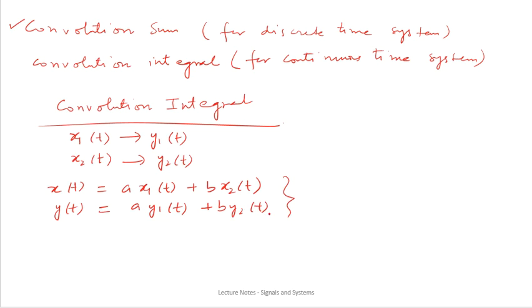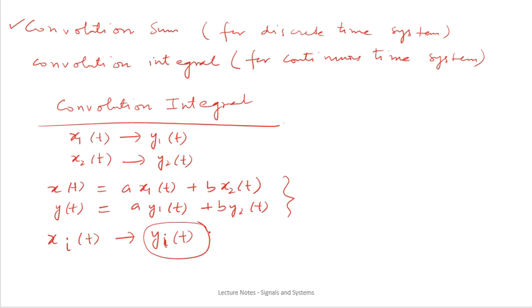More generally, if the input x(t) is the weighted sum of any set of signals xi(t), and the response to the signal xi(t) is denoted by yi(t), then if the system is linear, the output y(t) will be the weighted sum of the responses yi(t). This is the condition of linearity.